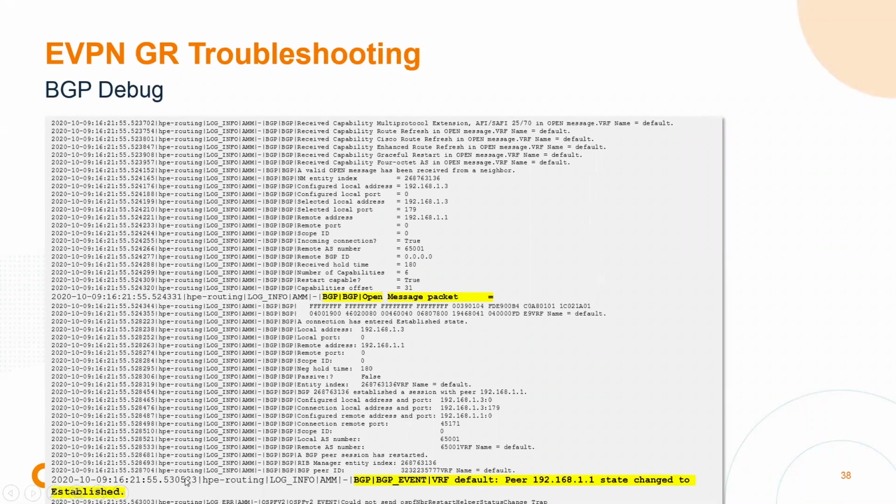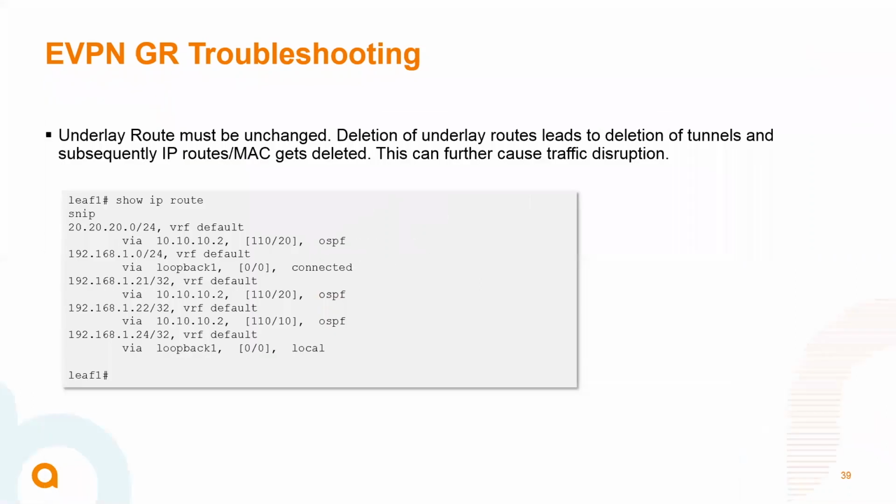And also in the event we display which peer has changed to what state. As you can see here, peer so and so has changed to established state. So this information we can check in the BGP debug event.